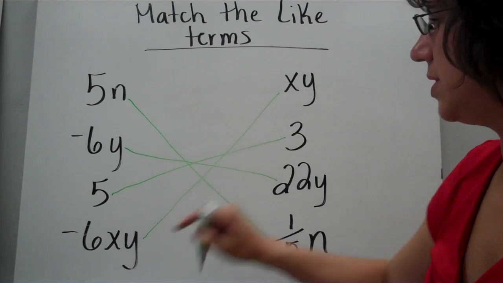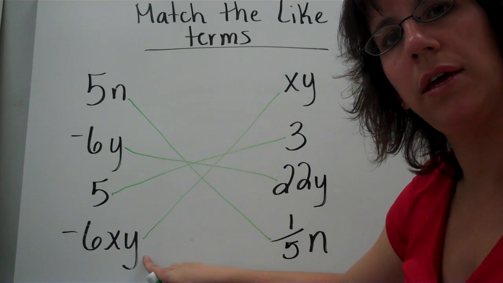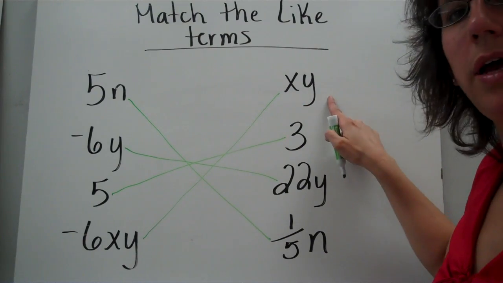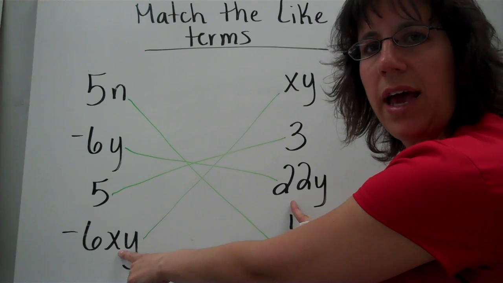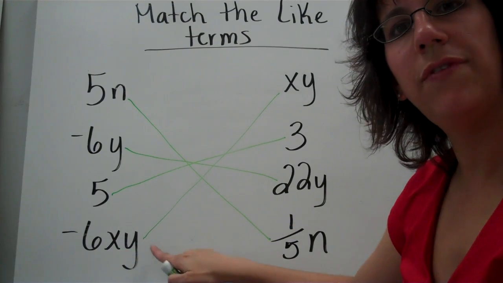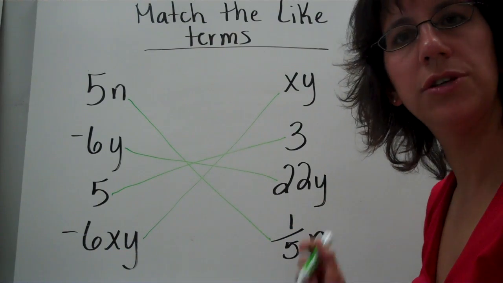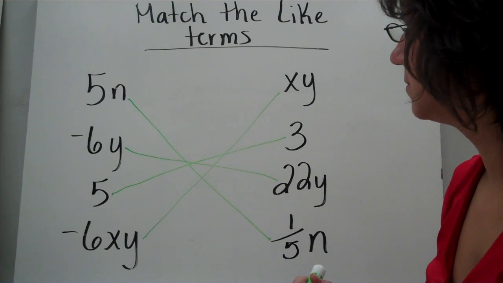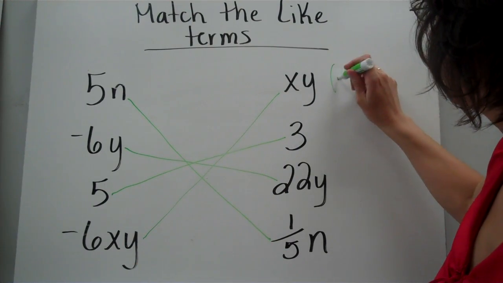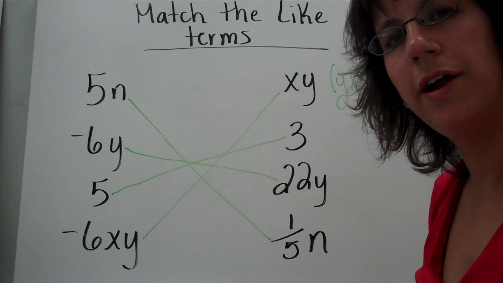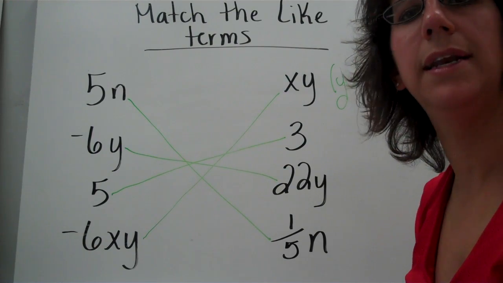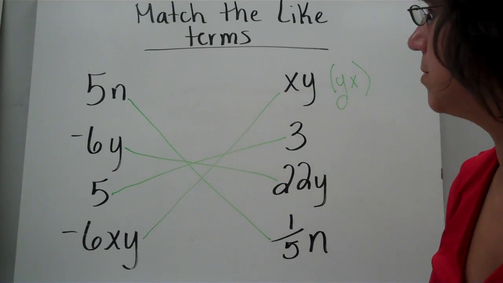And this goes with this. Notice this has an x and a y, and this has an x and a y. These two would not be like terms because this does not have an x. If this has 3 variables, the like term will also have 3 variables. You could also write this yx. It does not matter which order the variables are in, as long as it has the right number of variables.